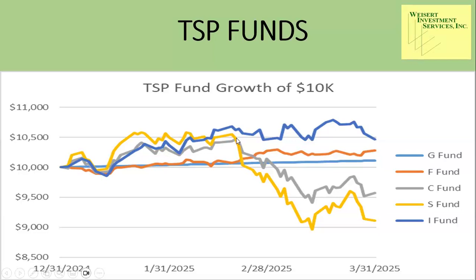And you could see how in tandem, as we closed out February, both the C and the S fund eventually turned into negative territory at the beginning of March, and then they continued downward, with the S fund being the worst performer, down from $10,000 to $9,000 at this point, so a loss of 10%.